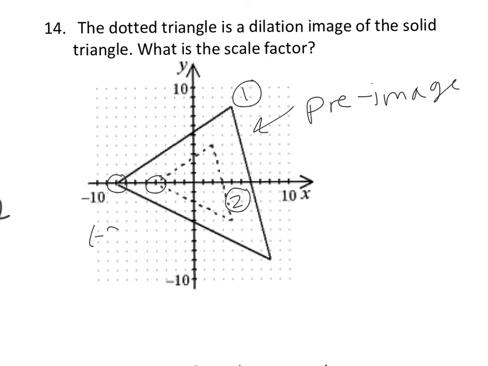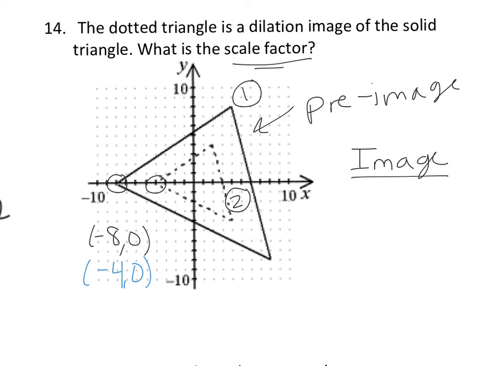So this one is -8, 0. And then this one is -4, 0. So to find the scale factor, you do the image divided by the pre-image. So if this is my image, I'm going to do -4 divided by -8. So the scale factor is 1/2.